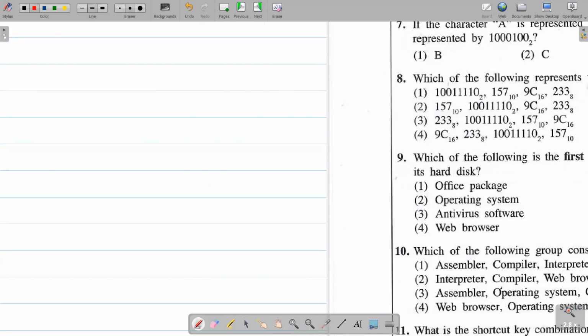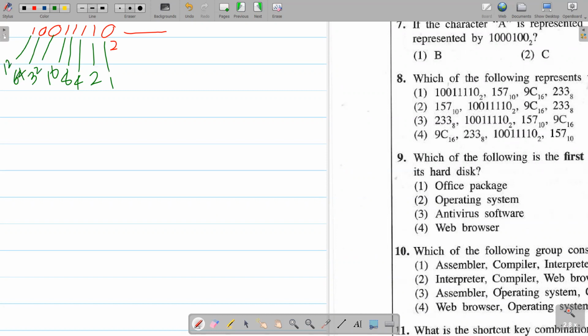So the first binary that you have is 1, 2 zeros, 1, 1, 1, 1, and a 0. Right? So we convert this into a decimal. Place values are 1, 2, 4, 8, 16, 32, 64, and 128.